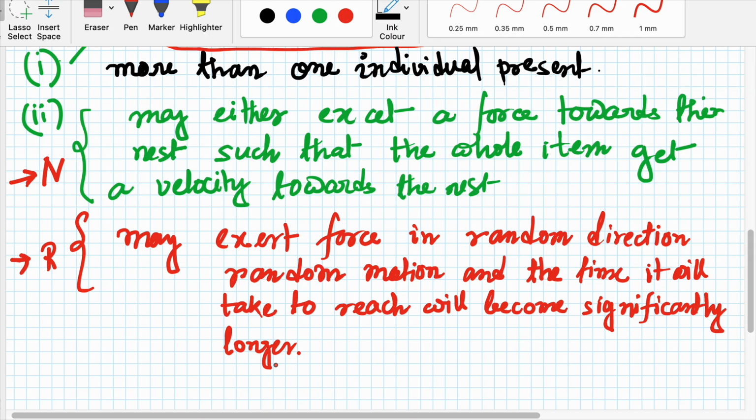So they certainly prefer not to be in random motion with this larger prey item.